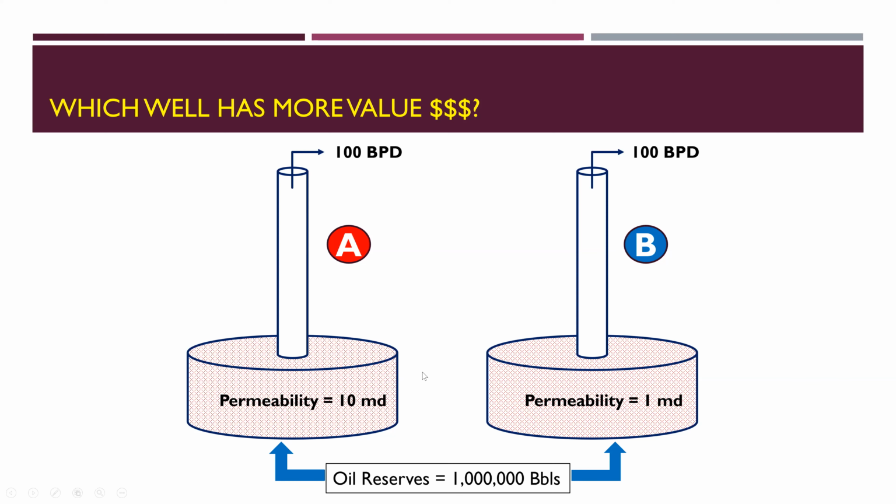In place, consider it the same. So now the question: which well has more value if both of them are producing the same amount? Considering this permeability is 10 times this one, it means there is something wrong here.